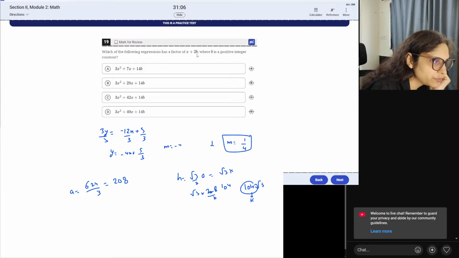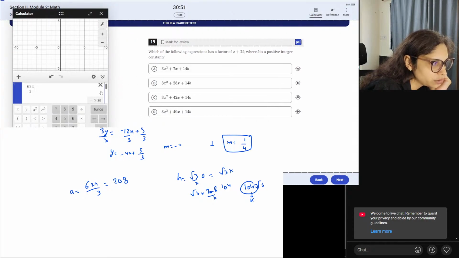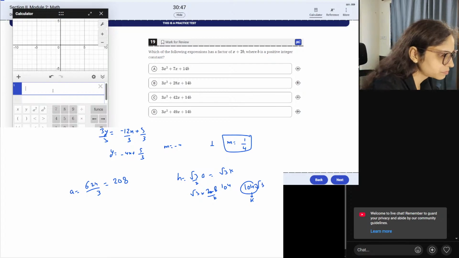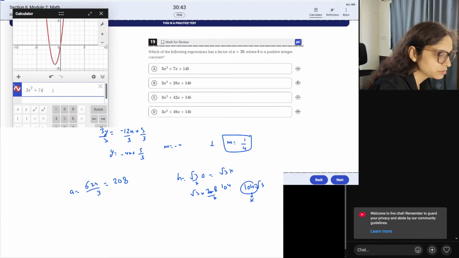Which of the following has a factor of x plus 2b? b is a positive integer constant. So let's say b is 1. So x plus 2 should be the factor. 3x squared plus 7x plus 14. You can take any value of b, doesn't matter.